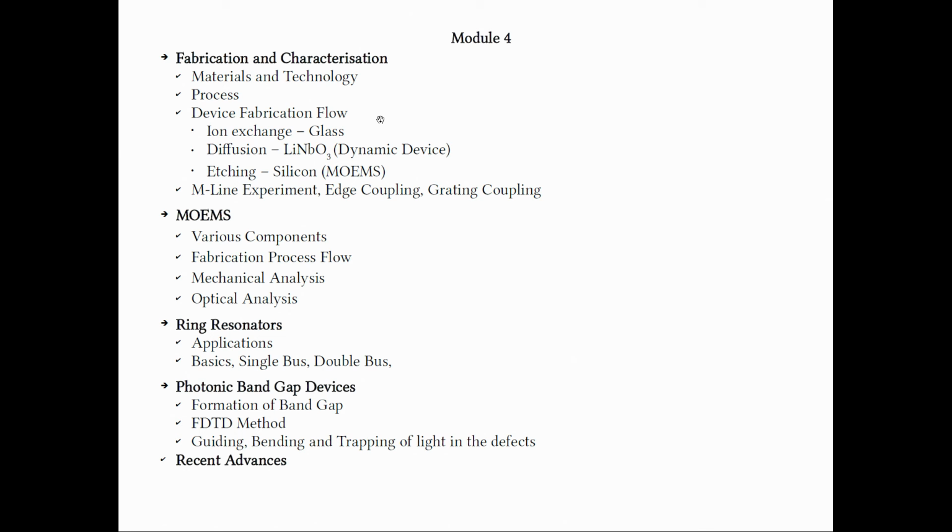So we looked at various processes that are available for fabricating these in different material systems. For example, we saw that in glass, one of the common methods is called the silver ion exchange process. Then on lithium niobate, you can diffuse titanium and change their electro-optic properties.